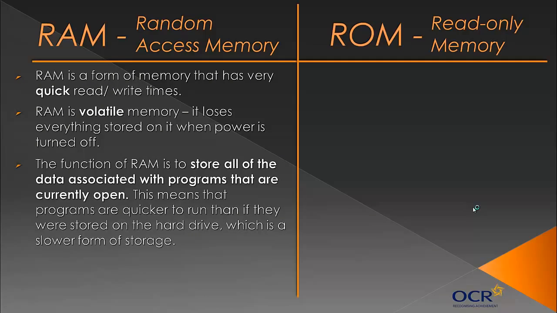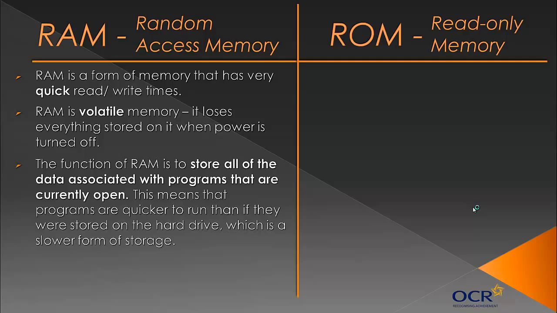Let me give you an example. On my desktop I've got a Microsoft Word icon. Whenever I double click that, all the data associated with it is needed. All of your programs will have some files stored associated with them. They'll be stored on your hard drive, usually in your program files directory, and temporarily when you open it, this data will be copied onto your RAM from your hard drive, because RAM is faster to access.